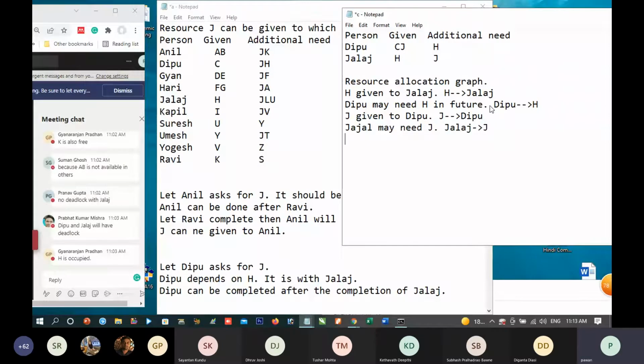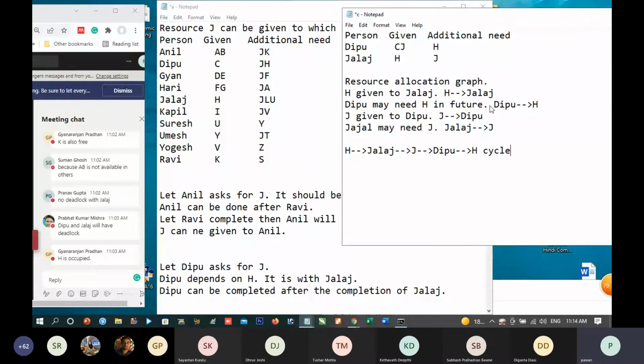Now what we find? We find H to Jalaj, Jalaj to J, J to Deepu, and Deepu to H. Cycle.